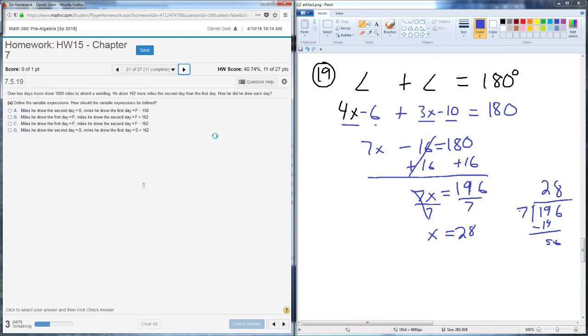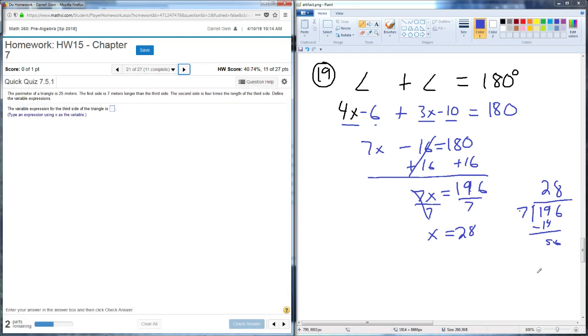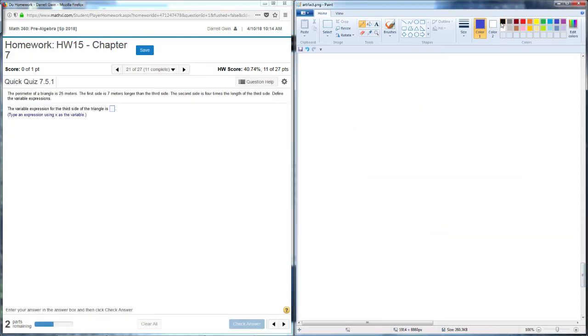Okay, number 21. Word problem with perimeter again. The perimeter of a triangle is 25 meters. So the perimeter of a triangle is equal to side 1 plus side 2 plus side 3. The perimeter in this case is 25. The first side is 7 meters longer than the third side.